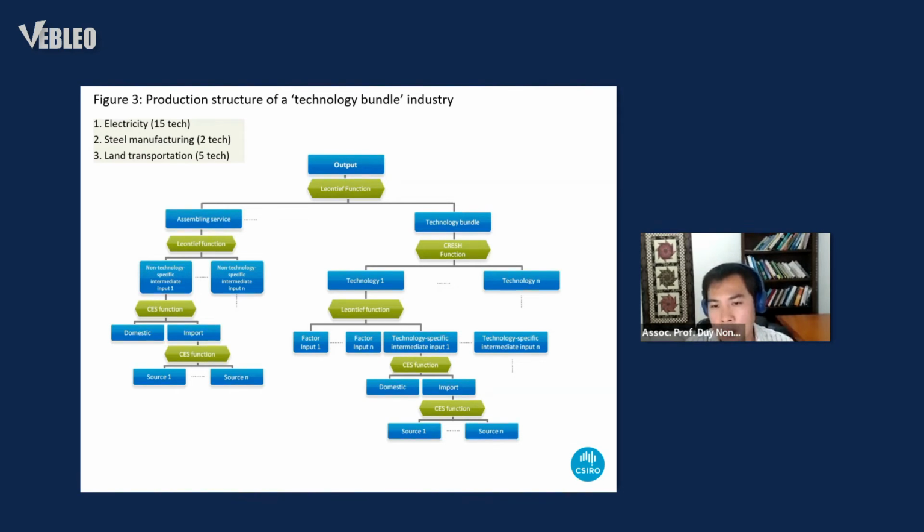And the labor working for the coal fire station, if it shuts down, has to go through heavy training to become familiar with the technology to produce electricity from wind and solar. So in this way, we try to separate the specific inputs for different technologies.